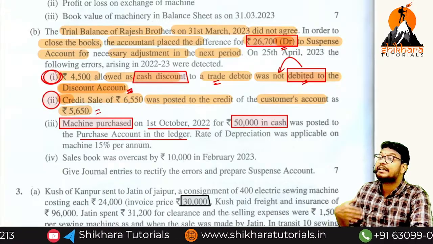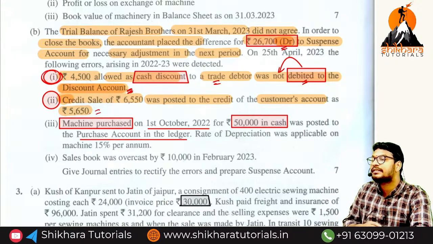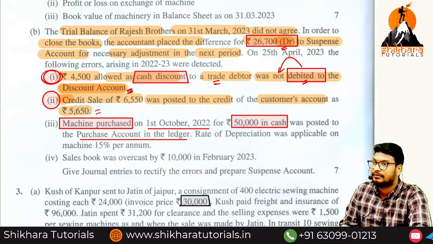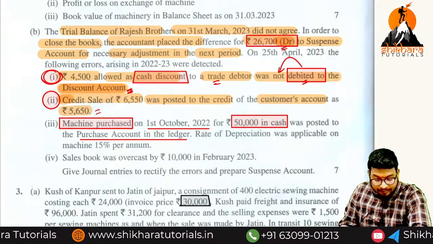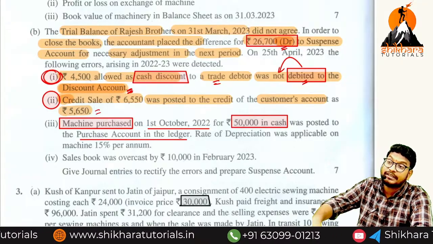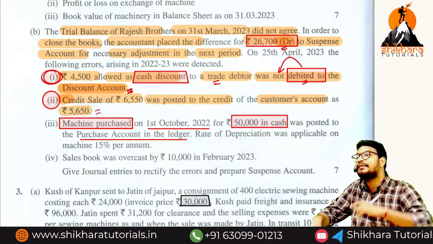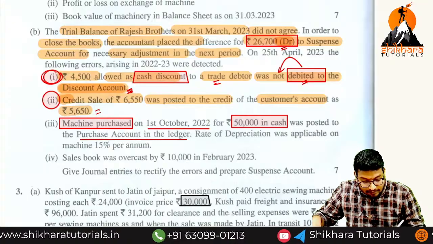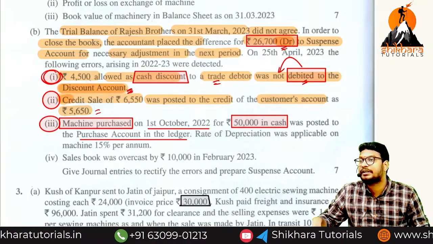In the machine account, the debit side; in the cash account, the credit side. But unfortunately, instead of posting to the machine account, they posted to the purchase account. That means they recorded correctly, but while posting the mistake happened. This is also called an error of commission with respect to ledger.